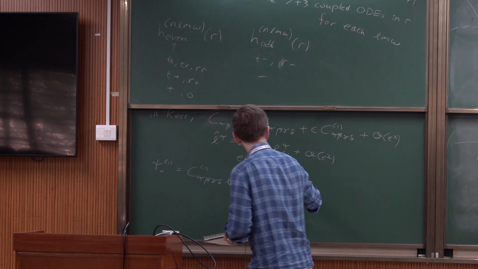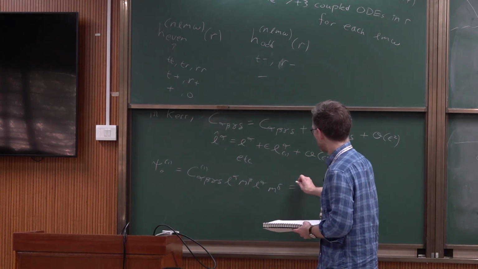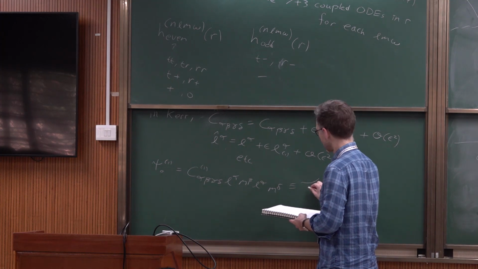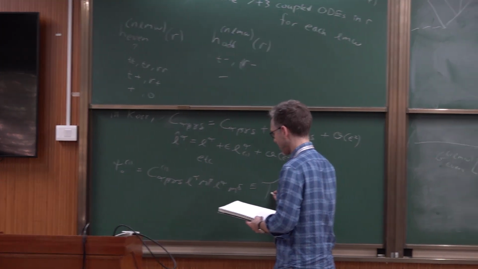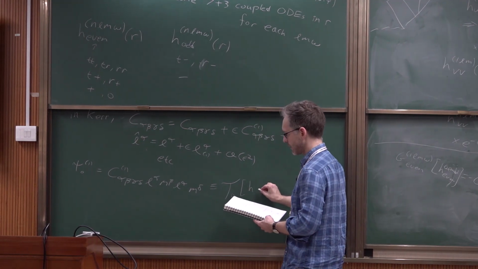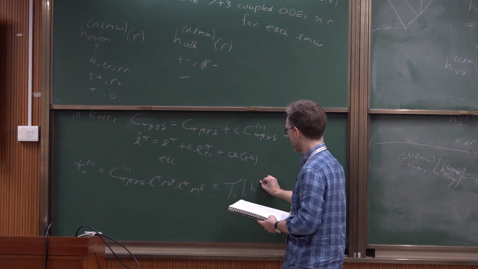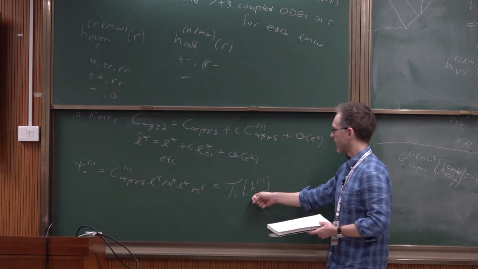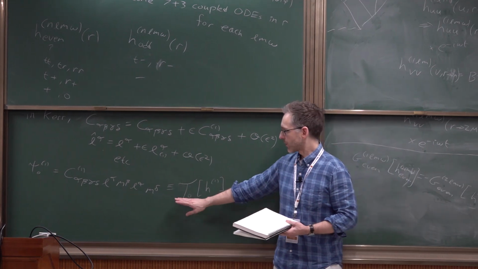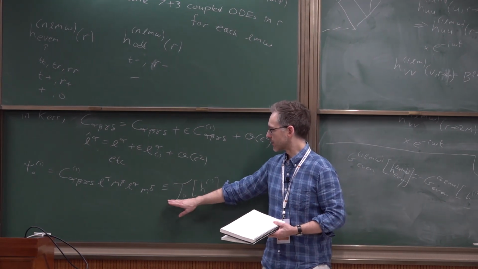And you'll very often also see this written in a more abstract form as some linear operator, script T, or calligraphic T, acting on h1. You don't need to know what this is, it doesn't matter. This is just a linear operator.